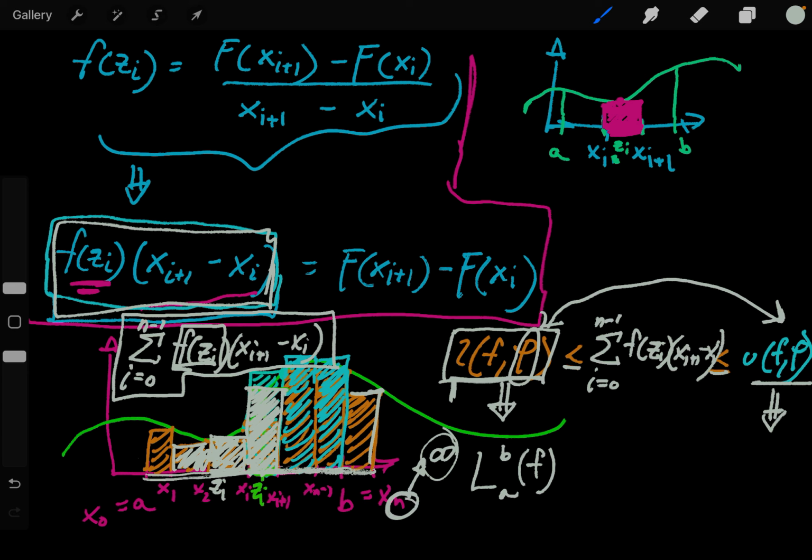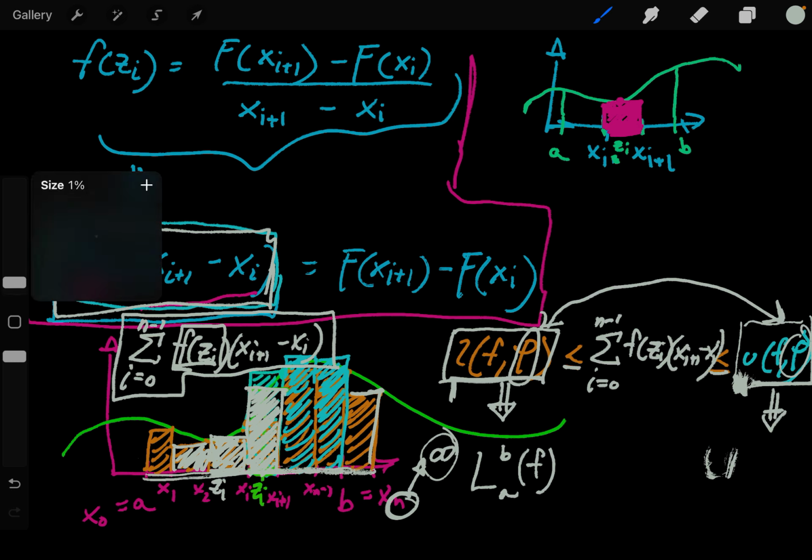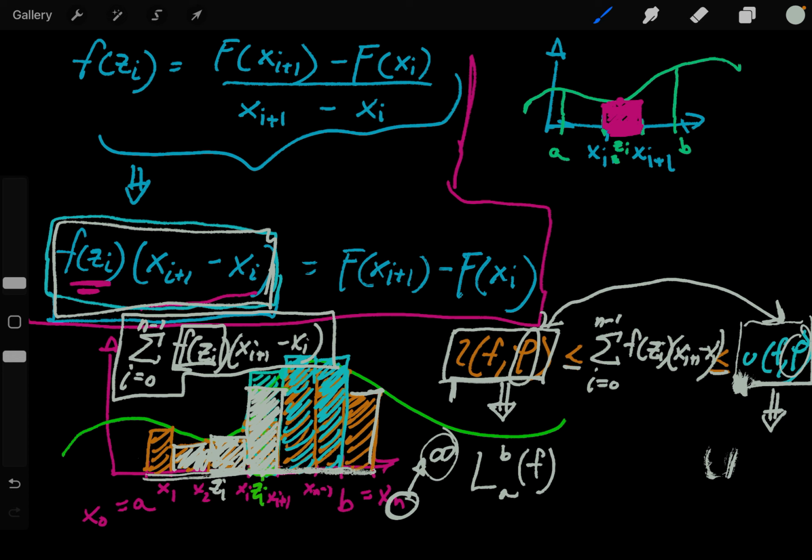As n goes to infinity, the partitions are going to be closer and closer to this one. So this one's getting smaller and smaller as n goes to infinity. This one will be getting smaller and smaller as n goes to infinity. And I call that the upper Darboux integral of f.